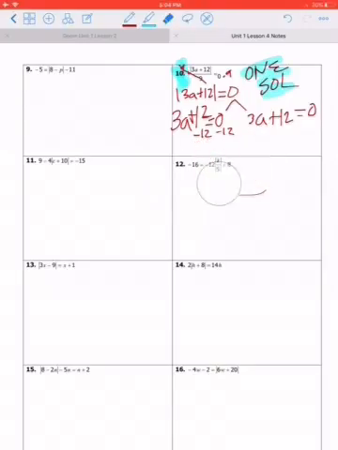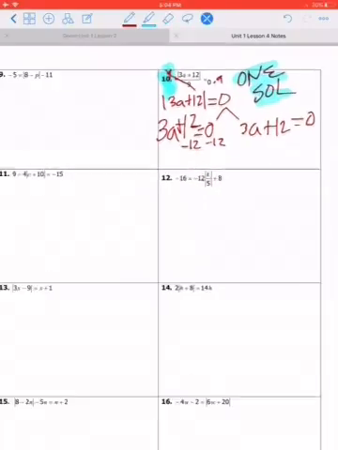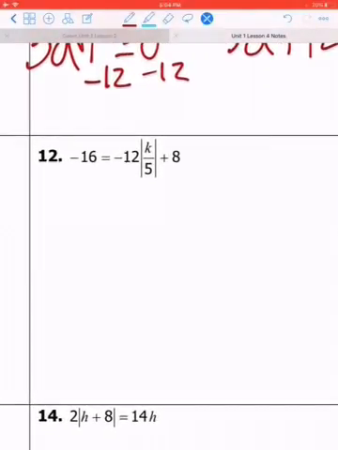Let me erase down here. Alright, number 12. So again, we have a negative on the left, but we haven't isolated the absolute value, so don't stop and say no solution. Alright, think about doing PEMDAS backwards, SADMEP.